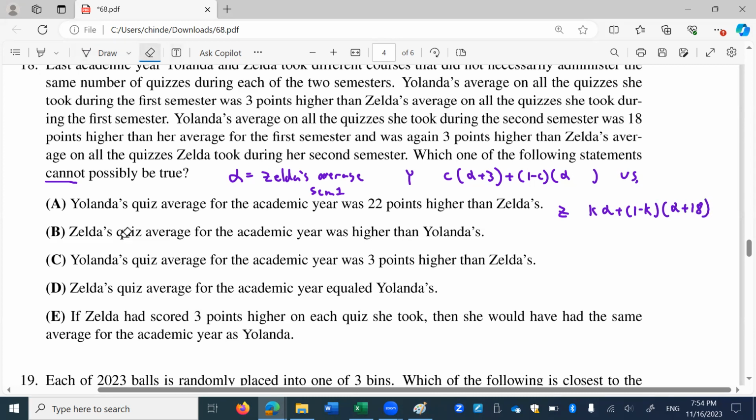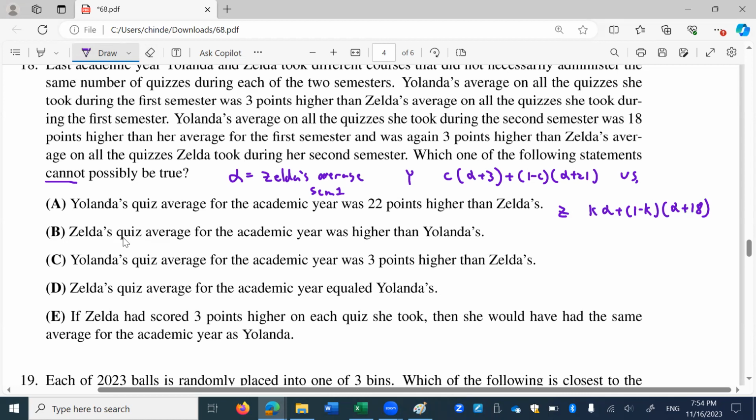Sorry, the 18 was the difference from the first semester to the second, so it should look something like that. If we simplify these, the C alpha plus 1 minus C alpha is just alpha, right?